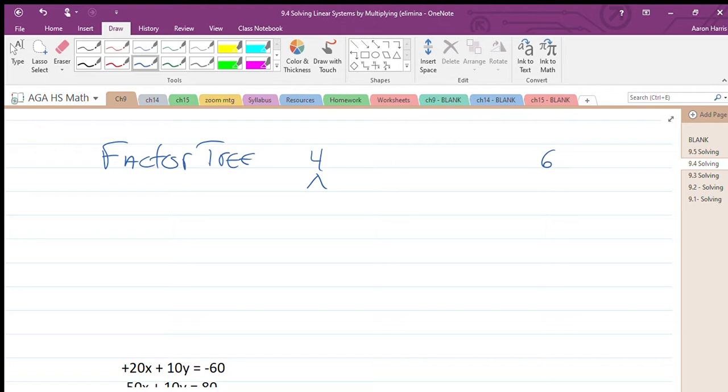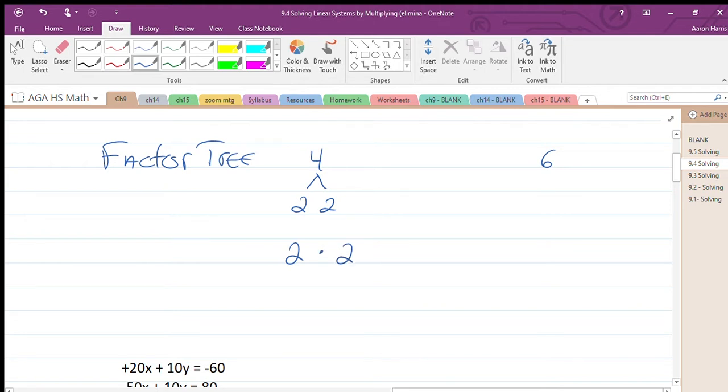Now, 1 doesn't count, so we want to start with what? 2. What's a prime number? A number that can only be divided by 1 and itself. So 2 fits the bill. So 2 times what gets me to 4? 2. I'm done because 2 times 2 is 4. So the factors of 4 are 2 times 2.